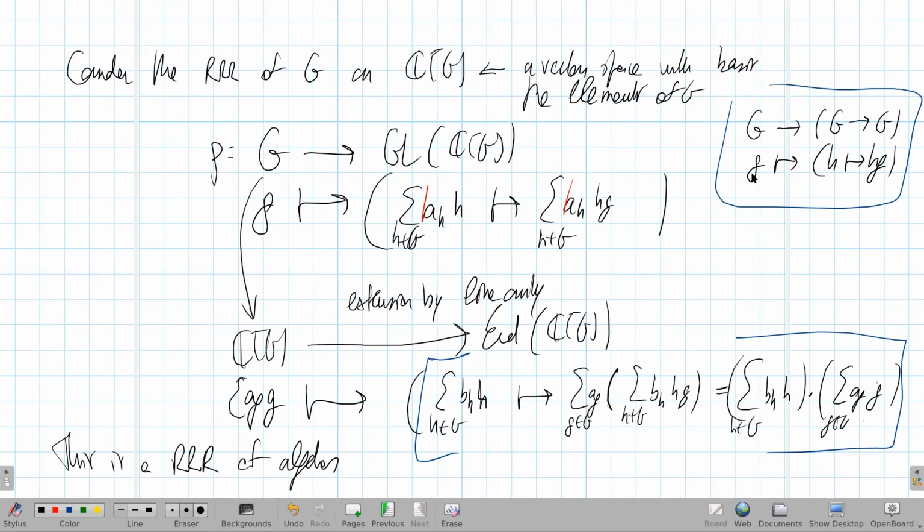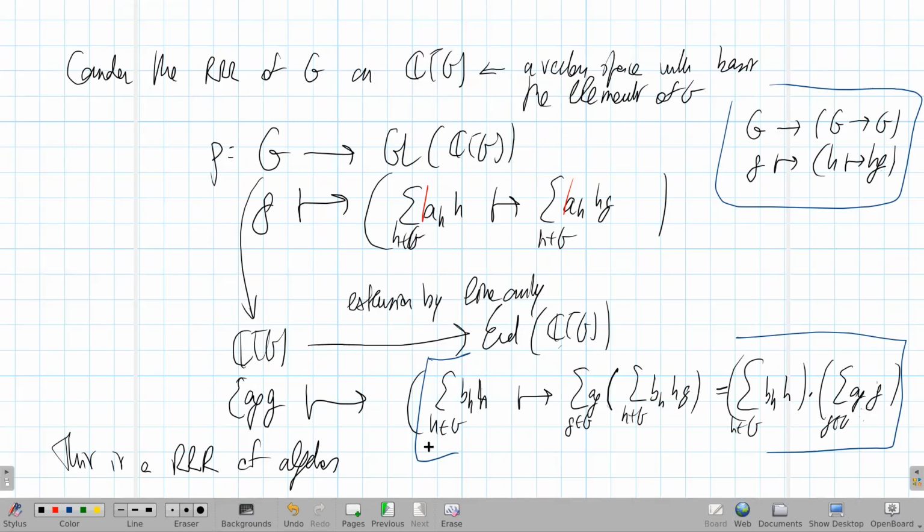Here you are in groups, so you take G to the right multiplication by G on G. Here you have algebras, so you take this element of the group algebra to right multiplication by this element in the group algebra. But it's an absolute analog. Here groups and here algebras. This takes G to the map that sends H to HG. This takes this element to the map that takes an element in the group algebra and multiplies it on the right by this element. But you see the similarity. It's the same thing in two different categories.